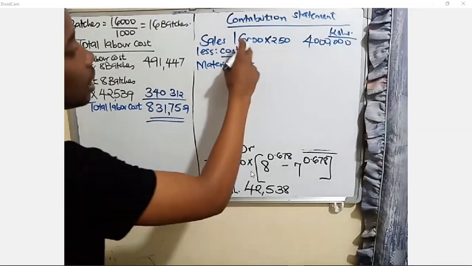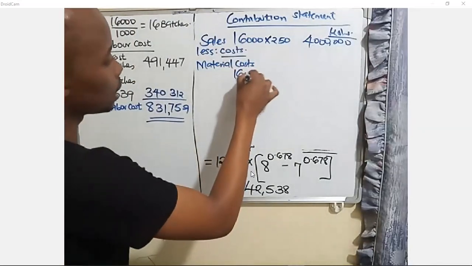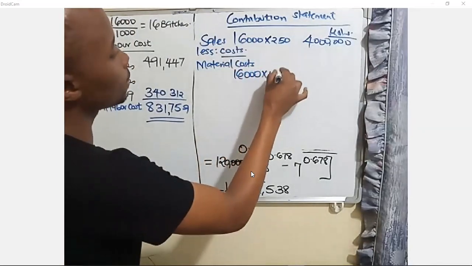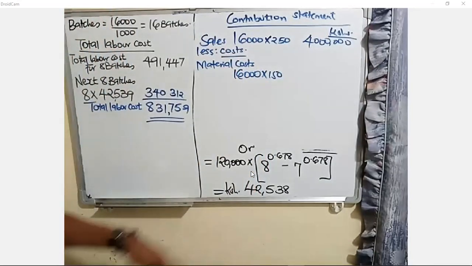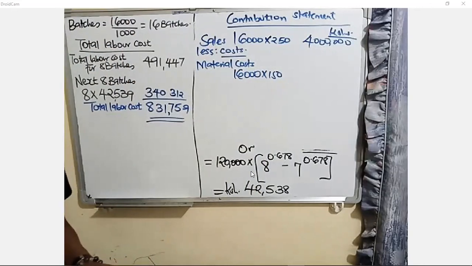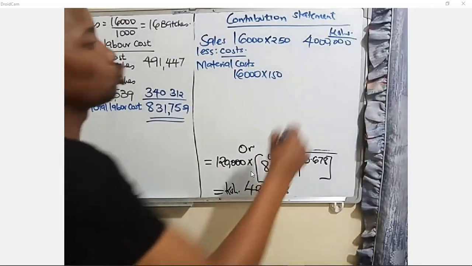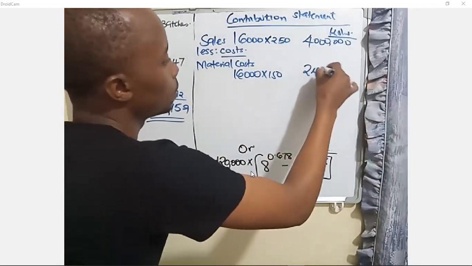So I take the number of units that we are selling, 16,000 times 150, because per unit it will cost us 150. How much? 2.4 million.